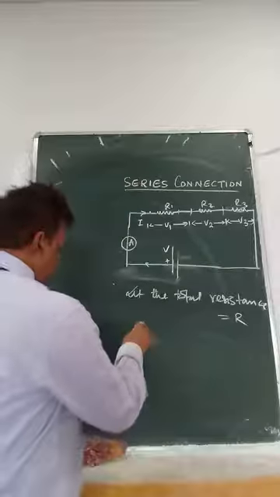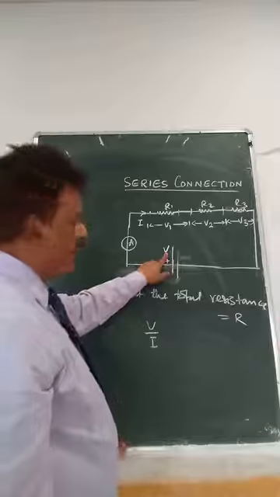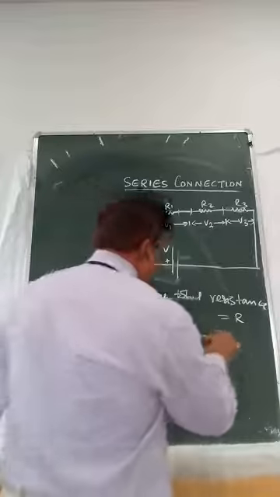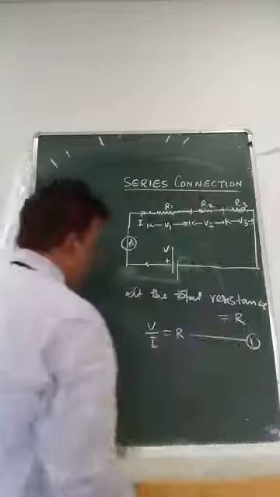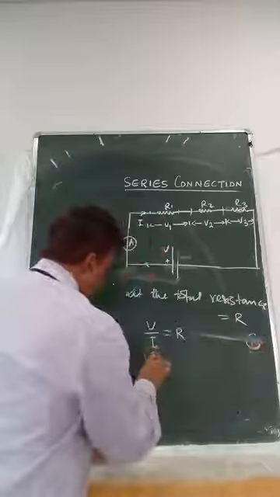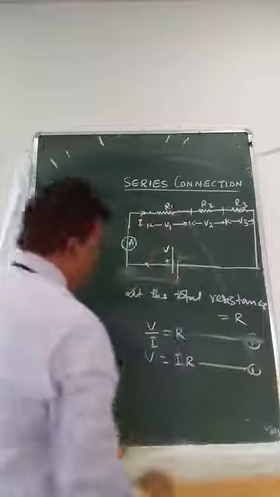Therefore V by I, because V is the potential we are giving and I is the current flowing, equals R. Then I can write V equals IR. This is the equation of the problem.